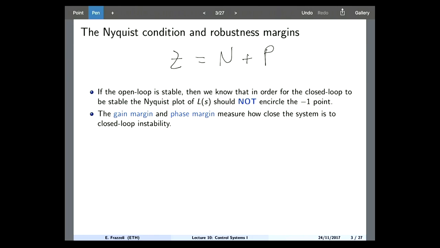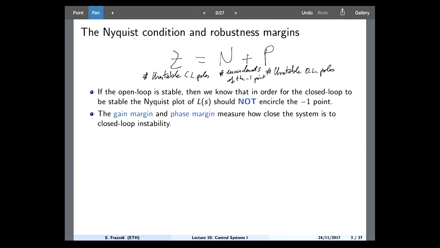So Z is the number of unstable closed loop poles, and it is given by the sum of P, which is the number of unstable open loop poles, and N, which is the number of encirclements of the -1 point, okay?